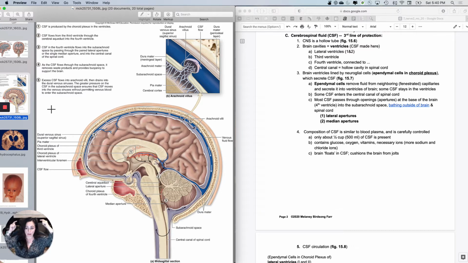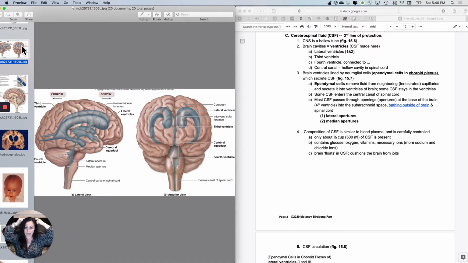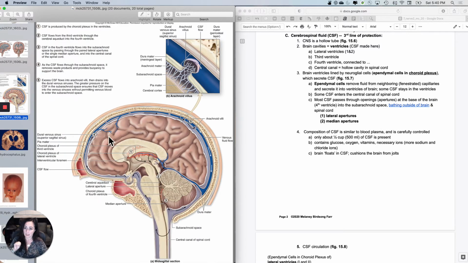So all of the cerebrospinal fluid that's made in the lateral ventricles, in the choroid plexus of the lateral ventricles, the little red booger looking things on the wall, which is represented right here. Now this is a mid-sagittal section, so they're trying to show you that that's like behind the picture. So in the choroid plexus of the lateral ventricles 1 and 2, you are going to make cerebrospinal fluid.